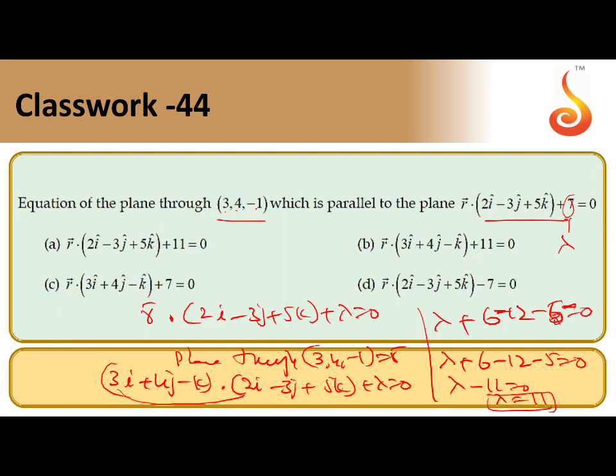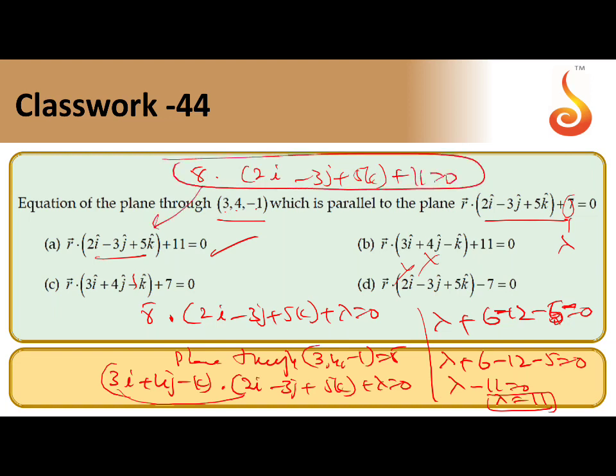So which option has lambda 11? Here 11 is there, and here 11 is there. The vector is 2i minus 3j plus 5k. Here it matches, but not this option, not this option, only the option here. So the final answer is r dot 2i minus 3j plus 5k plus 11 equal to 0. So that is the first option. Clear?